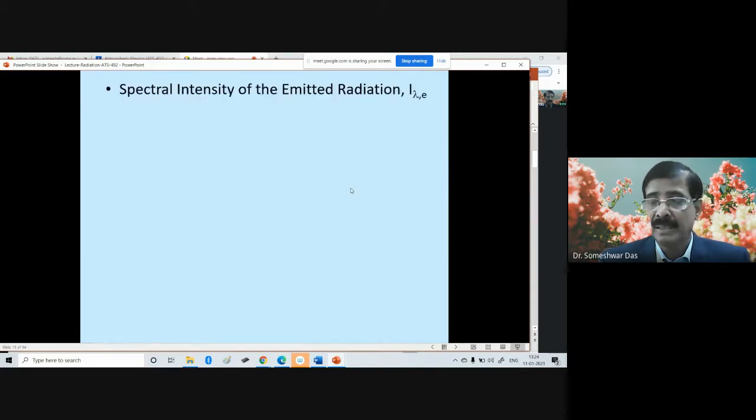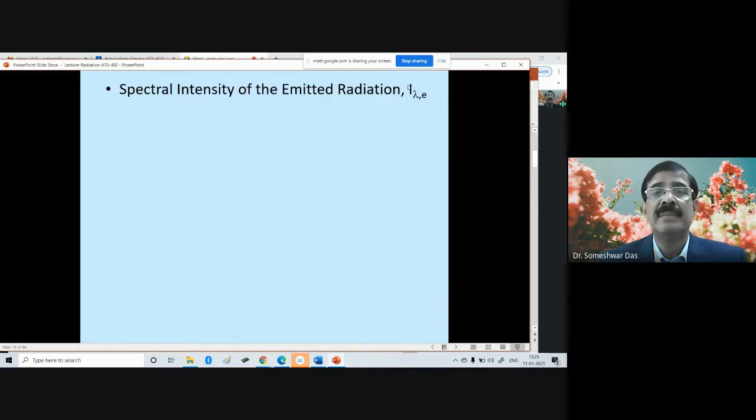So with these basic geometrical concepts, now let's discuss how we define the spectral intensity of the emitted radiation, denoted by I lambda E, where E indicates the emitted radiation, lambda is the wavelength, and I is the intensity.